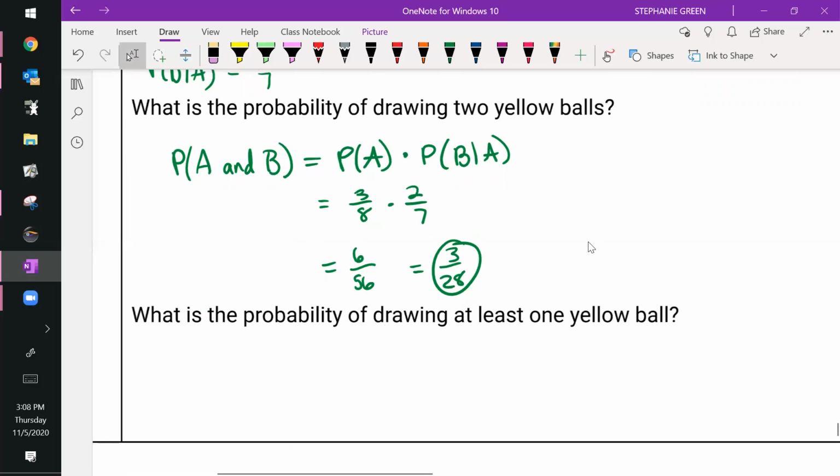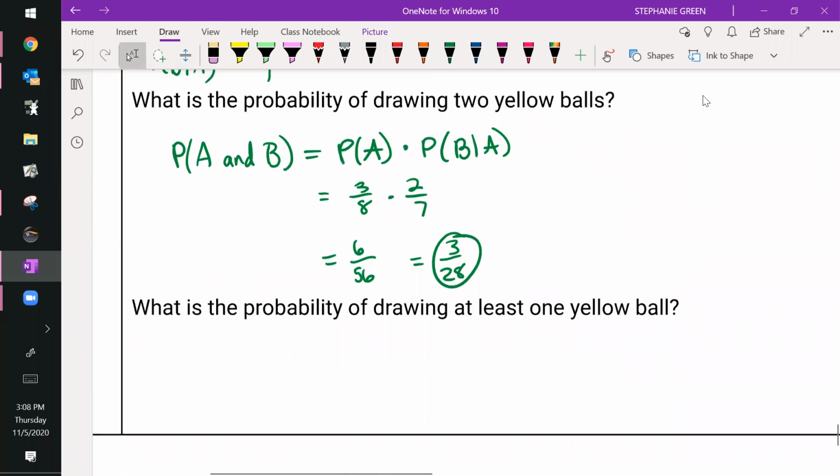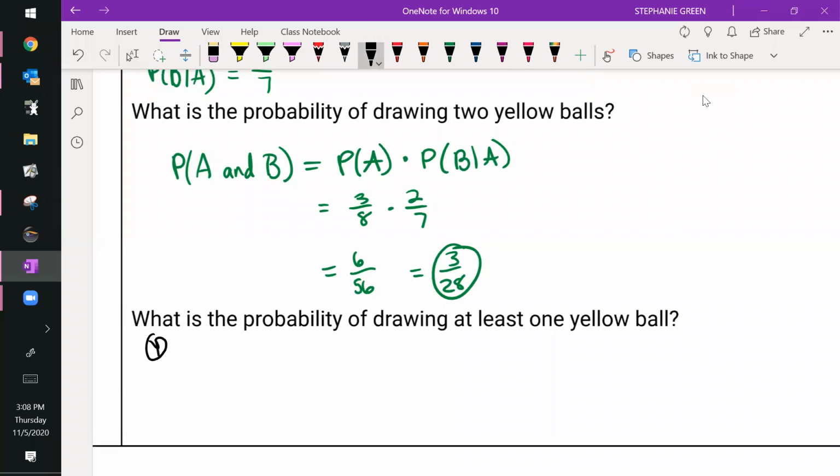And the last thing, what is the probability of drawing at least 1 yellow ball? Well, for this one, let's go ahead and look at the whole sample space. When we're drawing 2 balls, we have 5 red and 3 yellows.